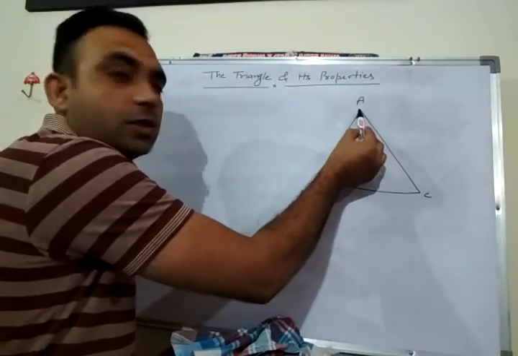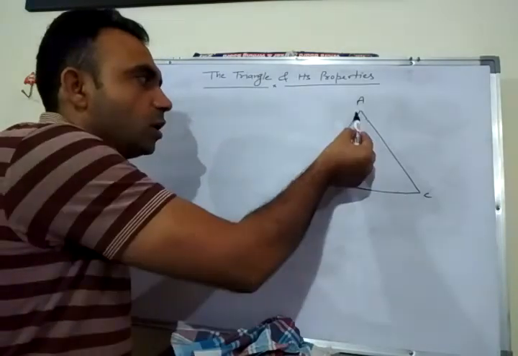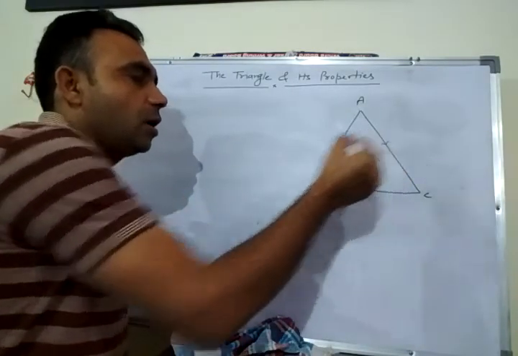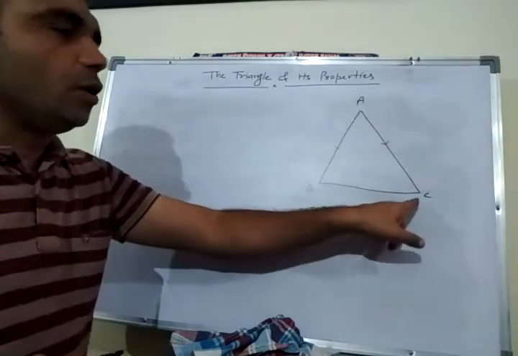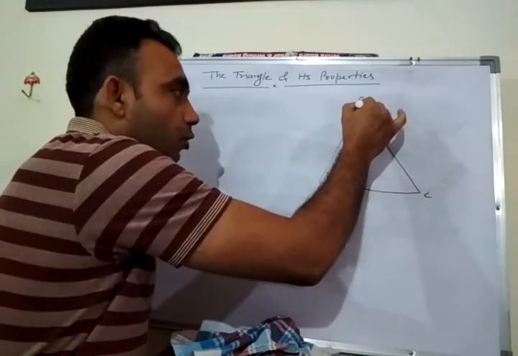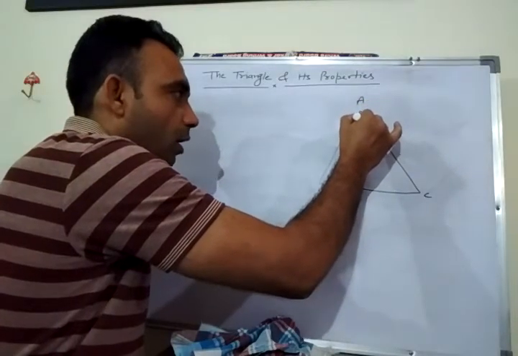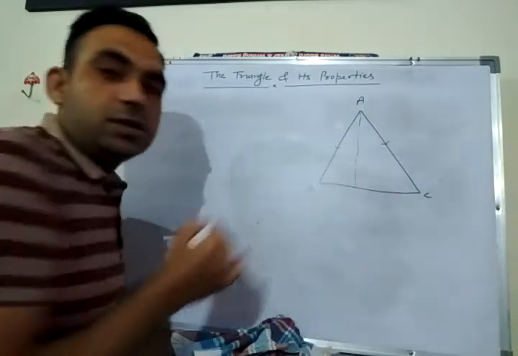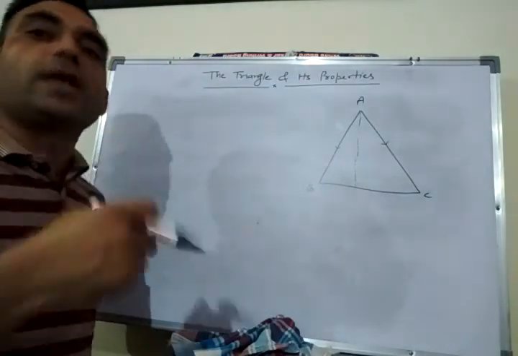Either you start walking from A and reach B, walking along this line, or you start from A and choose this way from A to C. And the shortest way is that you move forward in a straight way and reach BC, which will be the shortest distance.